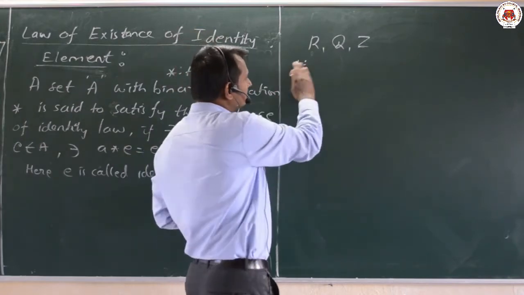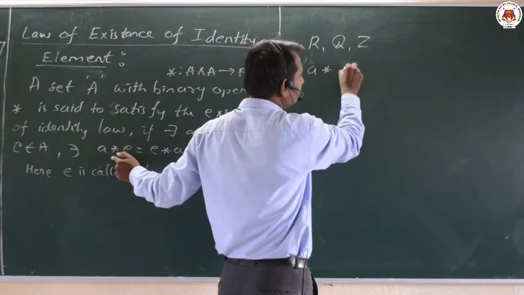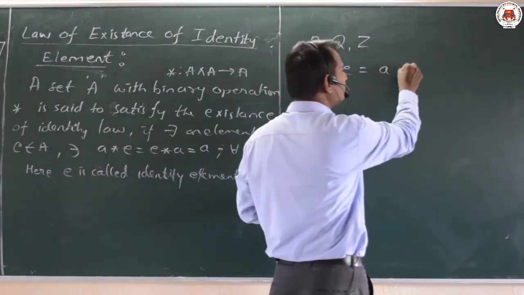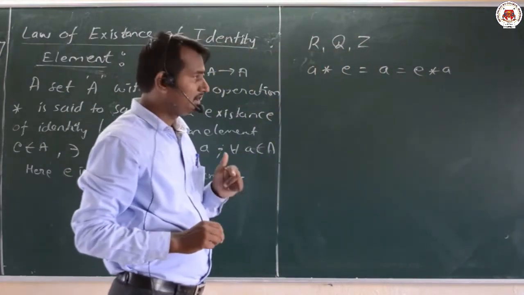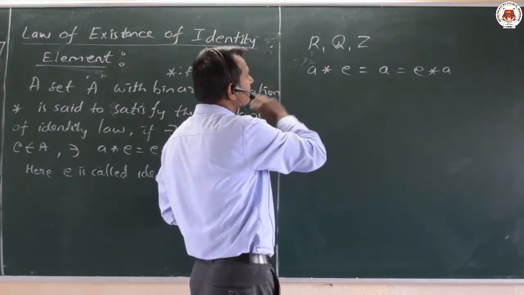Now how we are defining here is a star e equal to a, and that value should be equal to e star a.